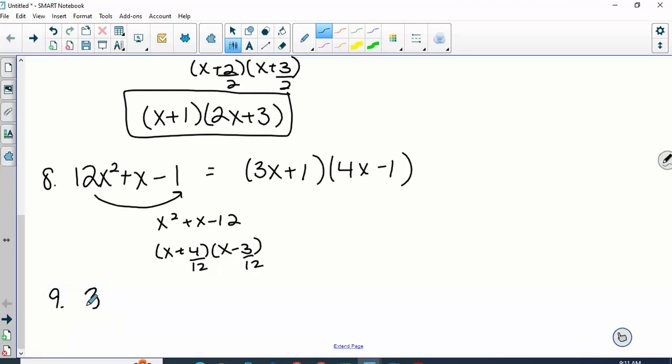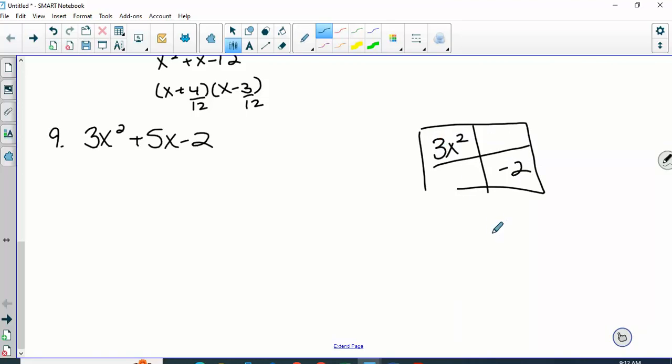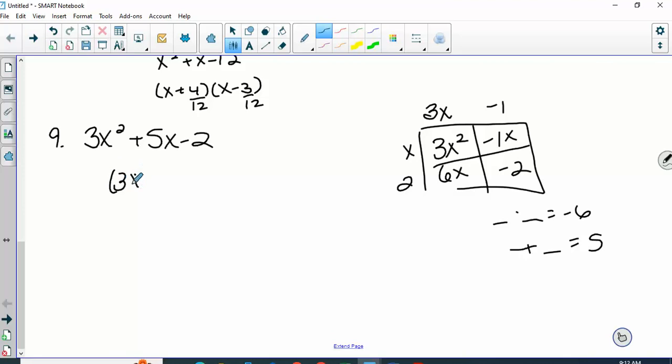Number 9. So either method. I did the last one slip and slide, so I'll do box method this time. So multiply to negative 6, add to positive 5, so that would be a positive 6 and negative 1. Factors, so you get 3x minus 1, x plus 2.